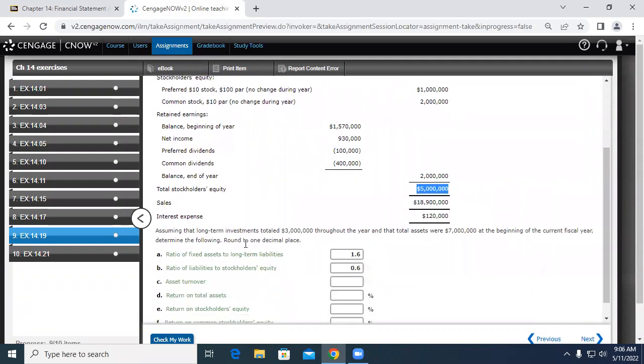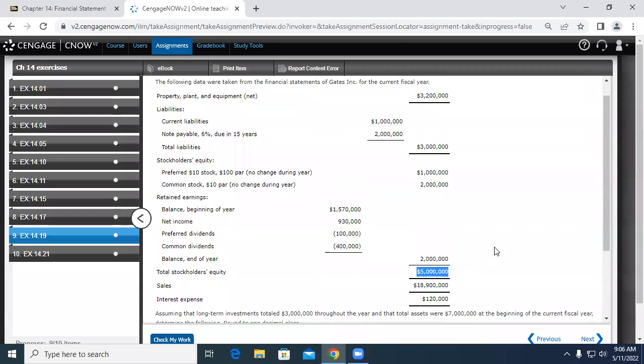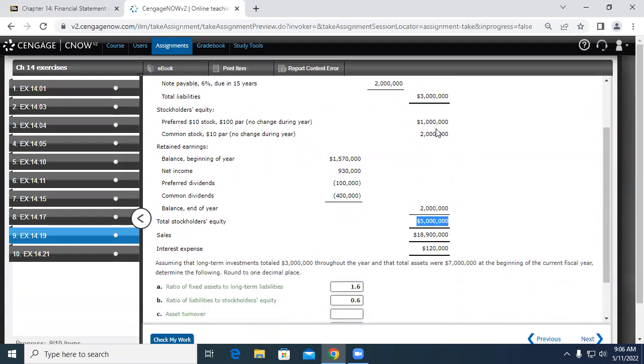Let's see where it tells us. Oh, okay, yep. So it tells us that the stockholders' equity, the contributed capital pieces, did not change during the year.